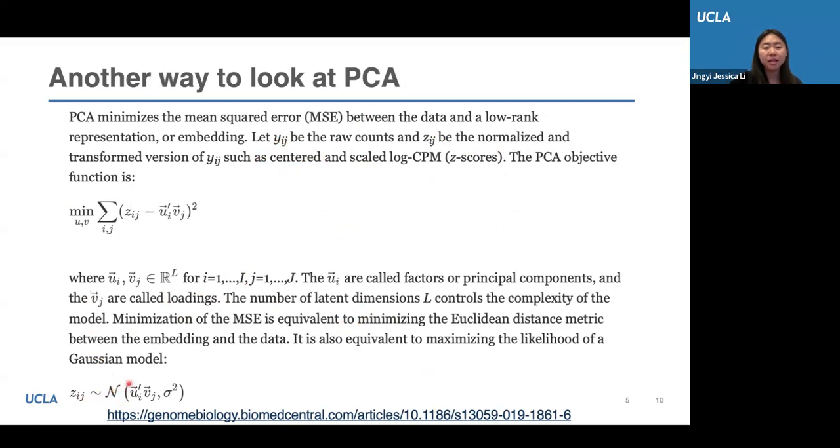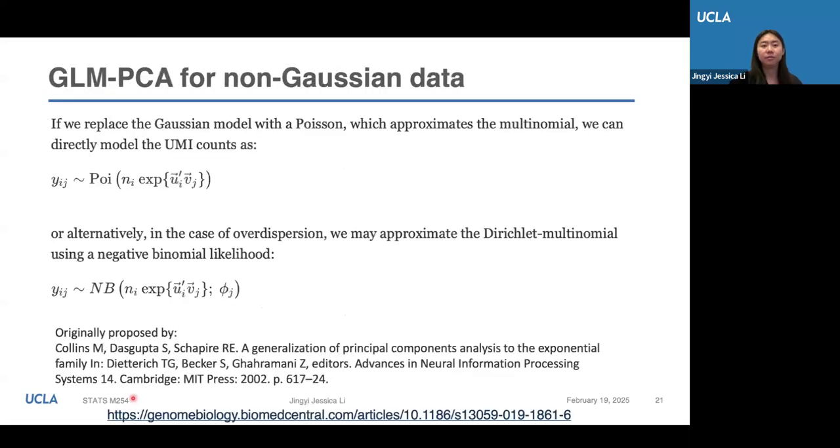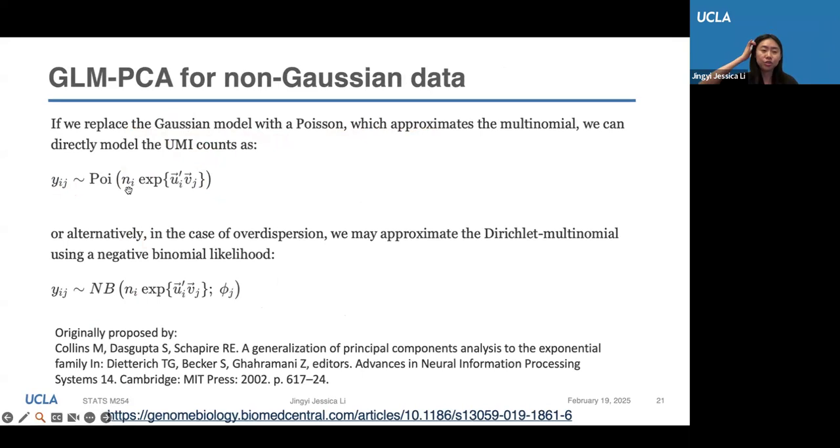But in the Poisson, the mean is an inner product of two low-rank vectors. So that's the idea here. This is exactly what the authors wrote in their paper. So they replaced the Gaussian model with a Poisson model, and then they model the UMI counts directly as Yij times Ni. Okay, so they're just trying to make some cell library size Ni, the total counts here as the cell library size, and multiply by a low rank thing.